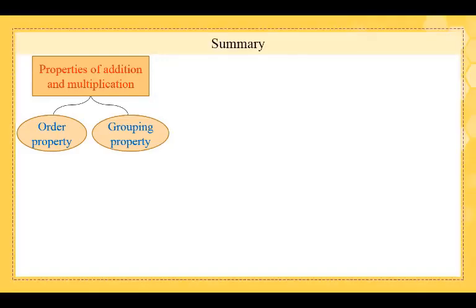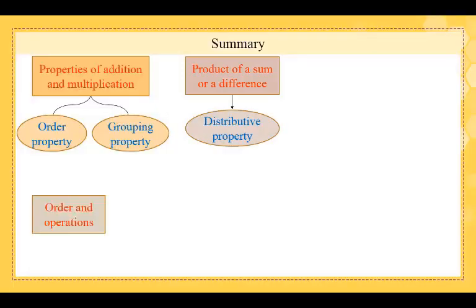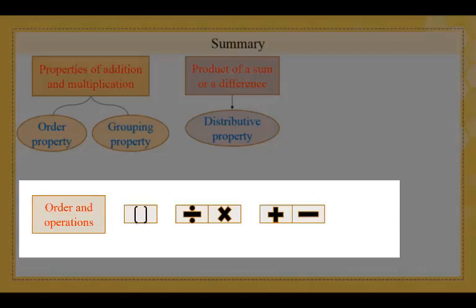Dear students, let's sum up what we have taken in this chapter. Properties of addition and multiplication, which are order property, grouping property, product of a sum or a difference using distributive property, order of operations, starting with parentheses, division and multiplication from left to right, addition and subtraction from left to right.